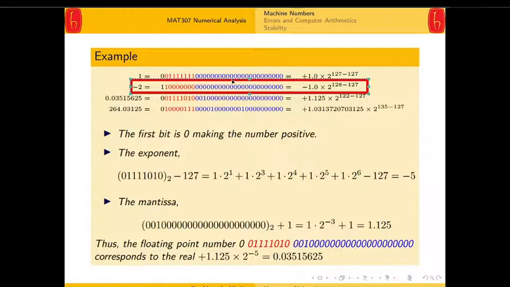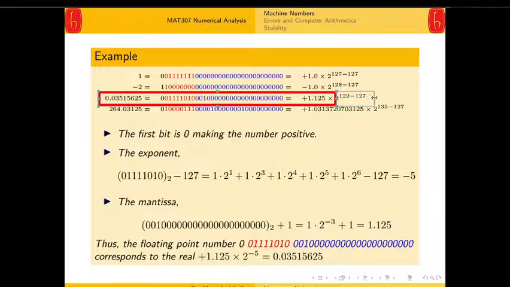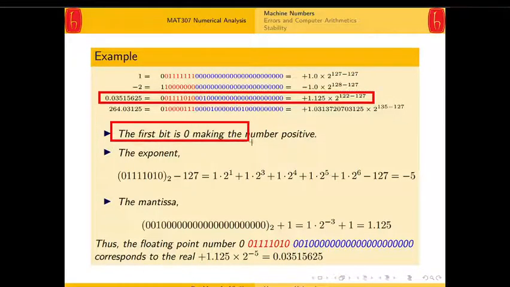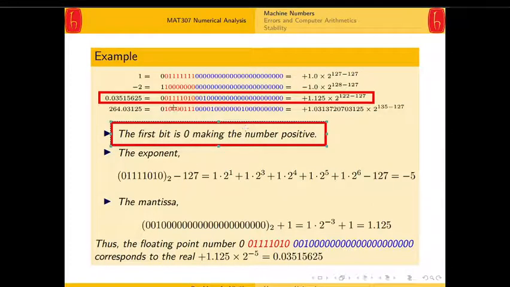Okay, so let's also consider this number, and the last one will be for you to practice. In this one we have a positive number, so the first digit in the binary number will be 0 to make it positive, and in the exponent we have this quantity, and minus 127 for the bias.